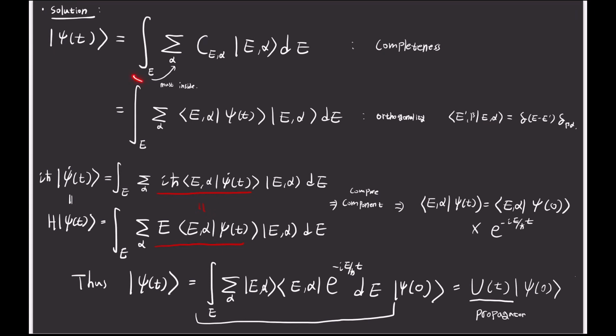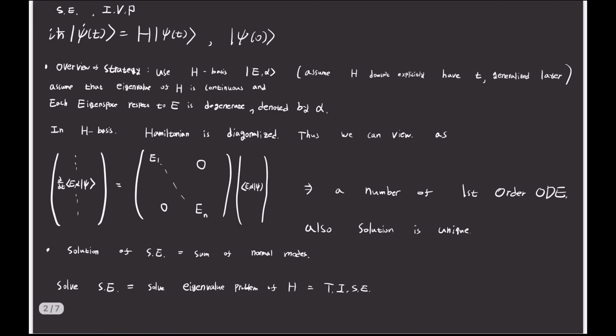And I'll tell you some detail. This alpha notation must be inside the integral, because each alpha depends on energy, right? And we can rewrite as this because we have the orthogonality of the Hermitian operator, and that is in this case the Hamiltonian operator. So we can write this ket as this, and let's apply the Schrodinger equation.